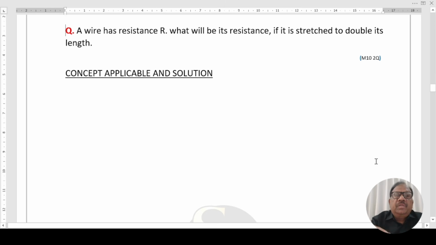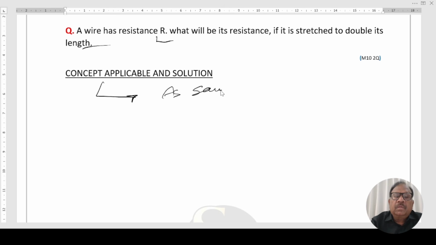Question is, a wire has resistance R. What will be its resistance if we double its length? First of all, I will discuss the concept applicable here. As the same wire is being stretched, therefore mass will remain same.